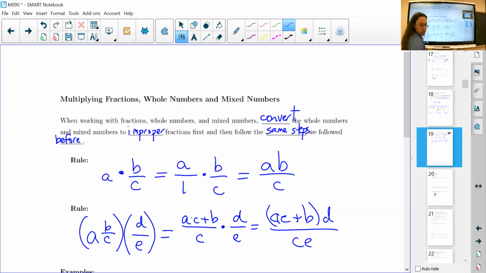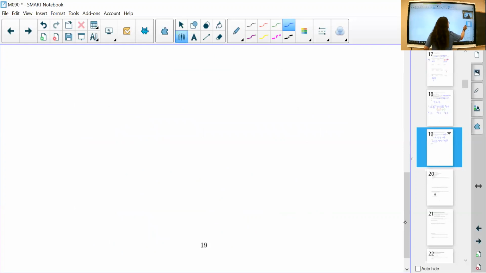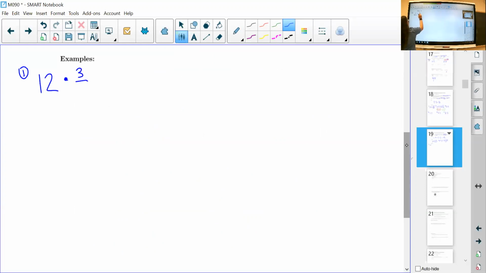Let's take a look. If we have some examples, let's start with example 1, 12 times 3/8. Now that's a whole number times a fraction that happens to be proper. Could be either way.